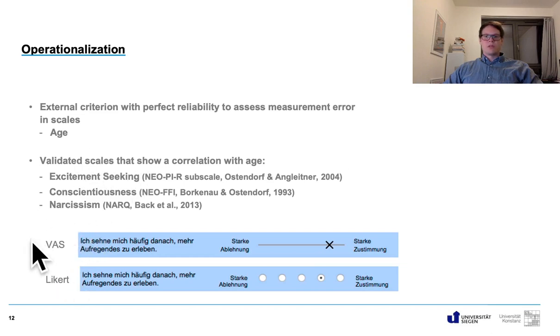On the top here you can see the visual analog scale format, on the bottom the Likert type format, and every participant answered all scales in one format and then in the other. This was counterbalanced, so the order was changed for each participant, so there were no order effects. We then investigated whether we can predict age better from one of these types of scales.